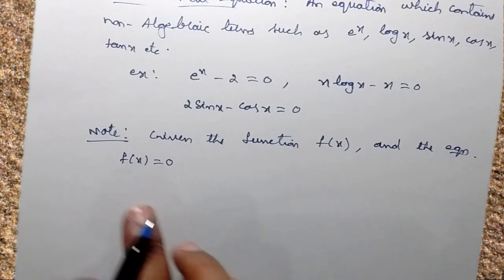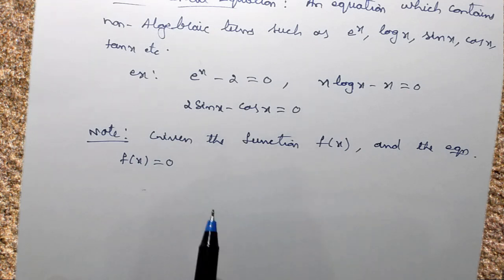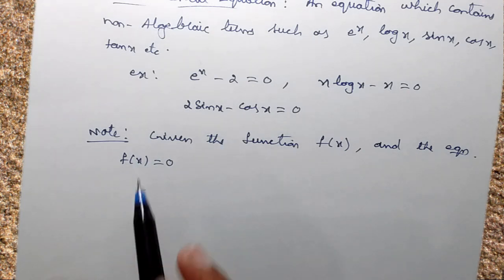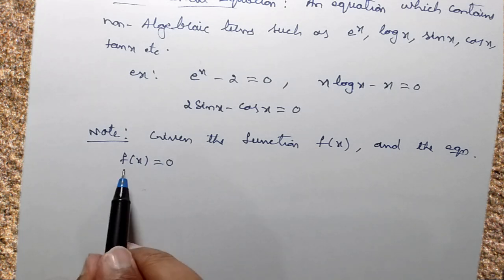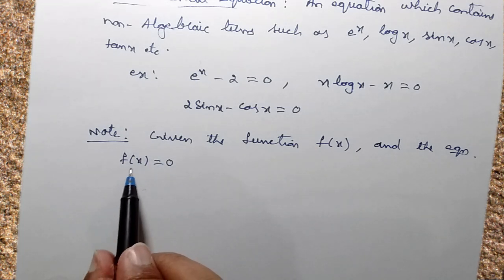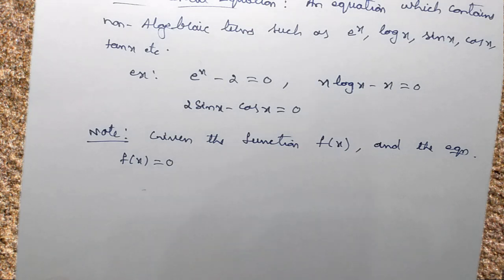This function can be a polynomial or a transcendental expression. So how do we find the roots of the equation, and what is the condition for a root to exist for this particular equation?